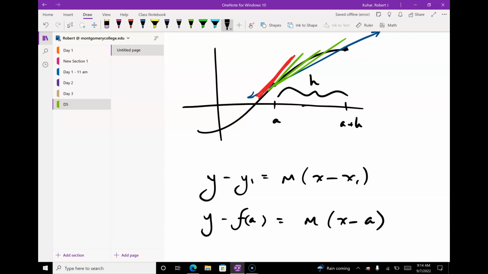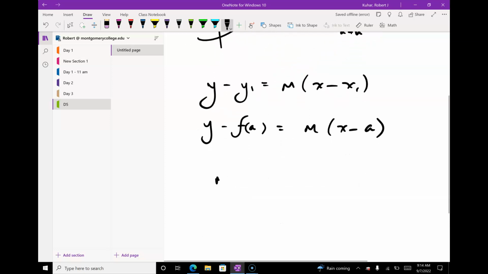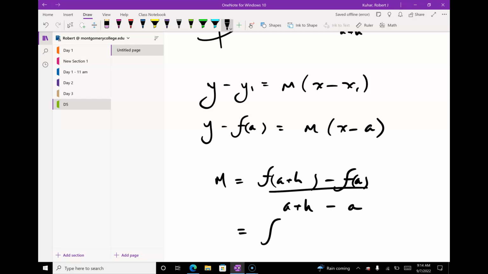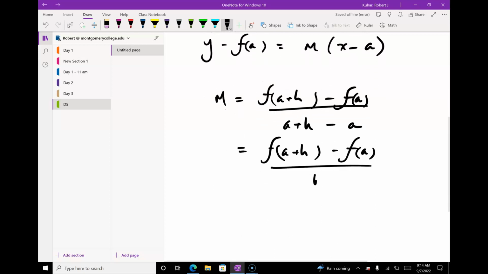Right? So I've got my x1, y1 in there. Is everybody understanding that? But I need a slope, right? And the slope is pretty easy, right? It's f of a plus h minus f of a over a plus h minus a. And of course, that turns into, we did all this already, by the way, right? Over h, right?